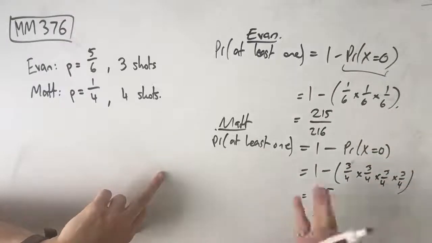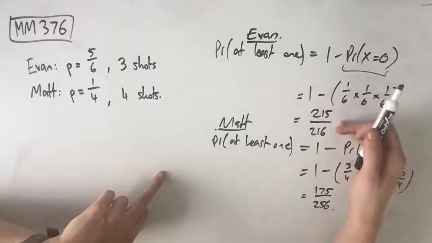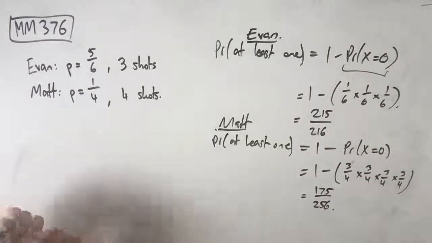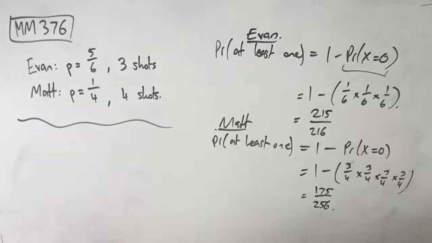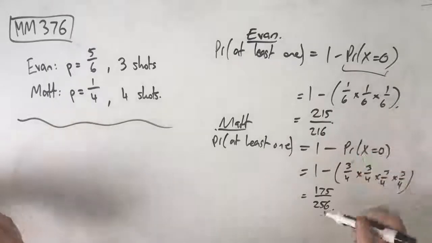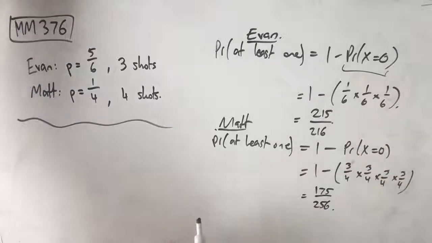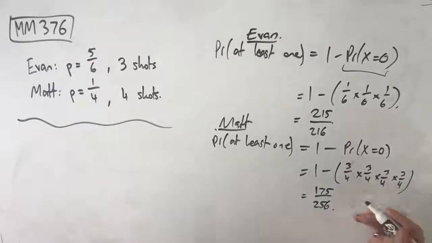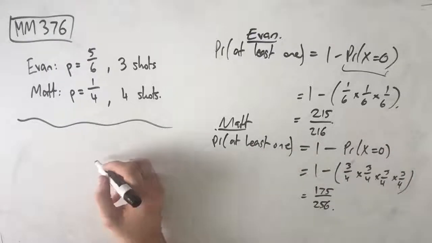So Evan's obviously a much better player because his shot is much more likely to go through. What we need to do now is figure out how many times more likely Evan is to score a goal than Matt, and the way that we do that is by dividing Matt's probability into Evan's probability.